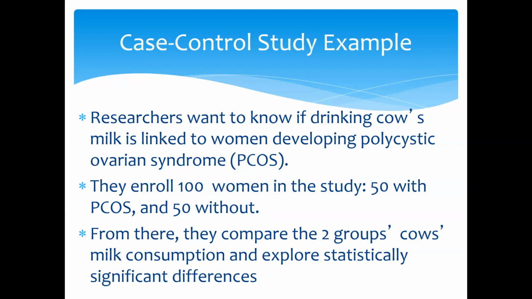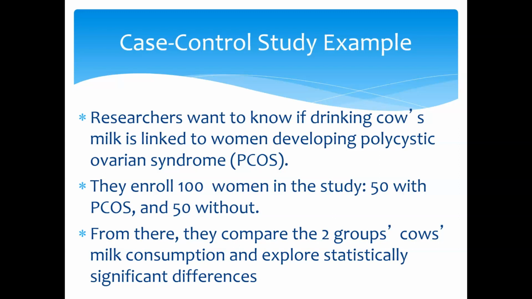Now, significant differences, what we're talking about there is a probability term, that using math, we determine if different numbers are truly different or if they just happen by accident. So when you see research and it says that there was a significant difference between the two groups, that means that there truly was a difference.